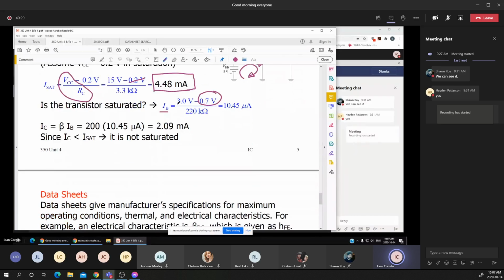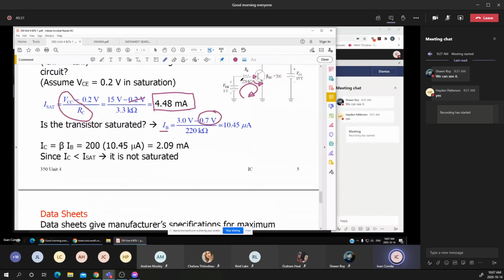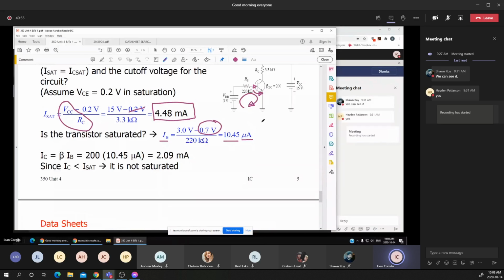And the supplied voltage, 3 volts, is divided by the resistance. Notice that it's a large resistance because the IB has to be a very small value, and gives a very small current as the IB, like 10.45. You notice that it is in microamps, meaning that, going back to the basic definition of a transistor, it's a current control device.